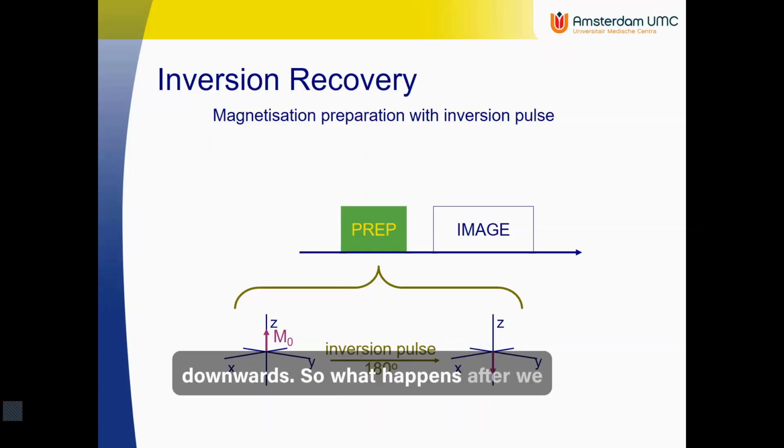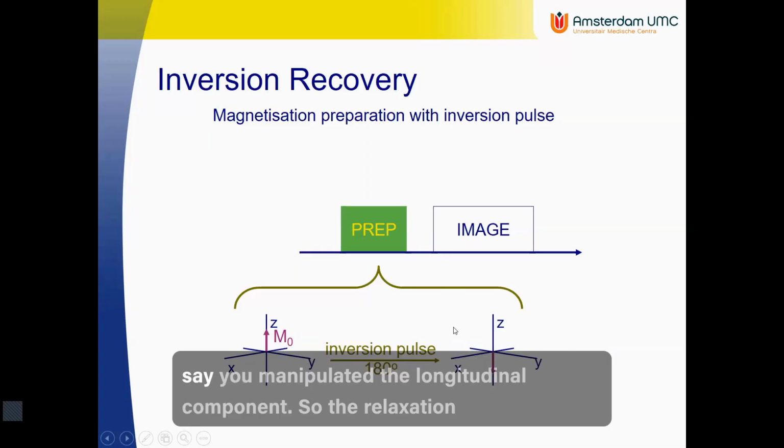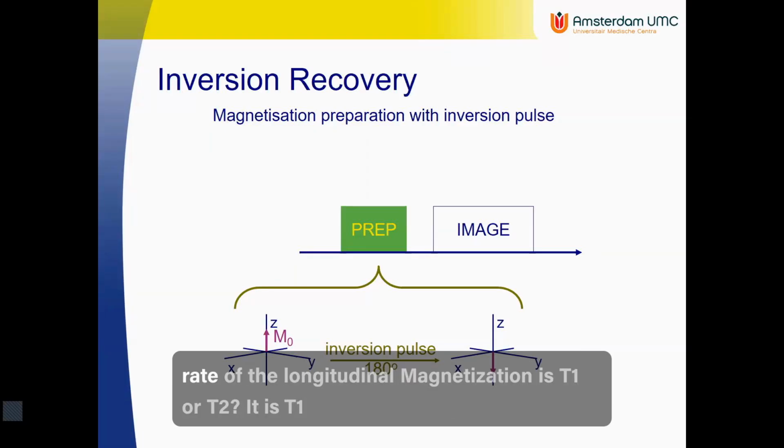So what happens after we use this inversion pulse? What kind of relaxation process would be of interest? We manipulated the longitudinal component, so the relaxation rate of the longitudinal magnetization is T1 or T2? It's T1 relaxation.